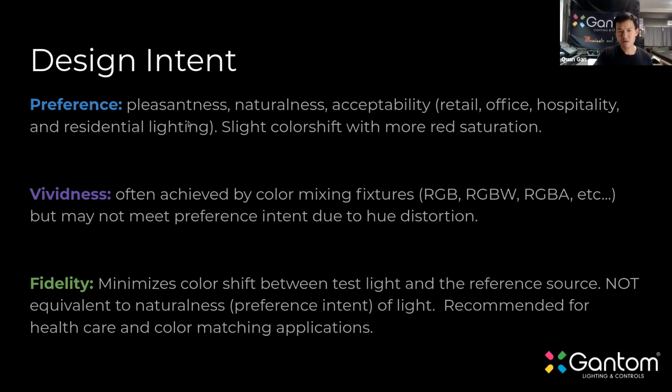And in preference, there's a slight color shift with more red saturation. And this is because of an effect called the Hunt effect, where they've done research showing that at low light levels, our eyes tend to make things seem a little bit duller and bluer.